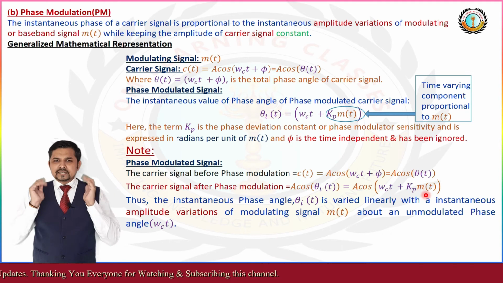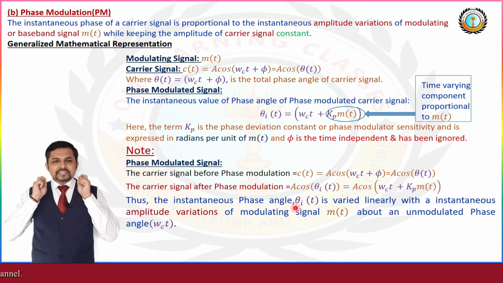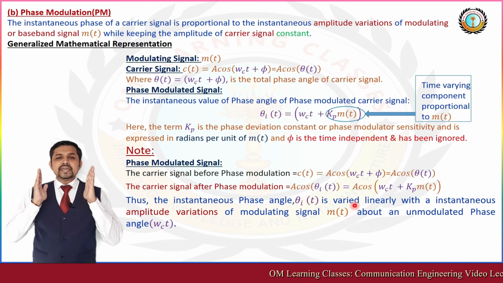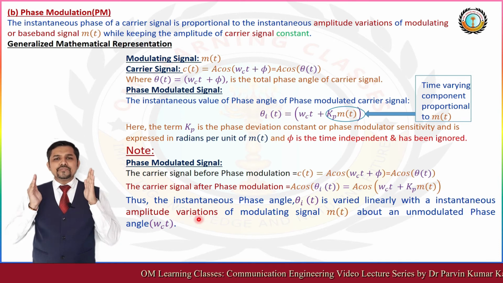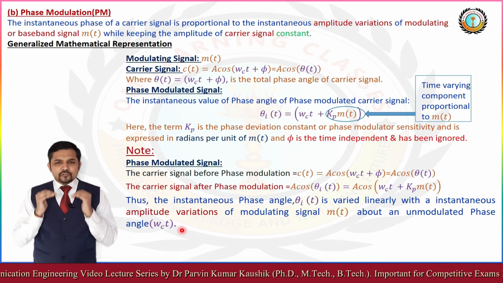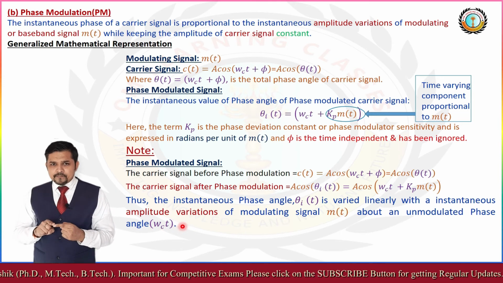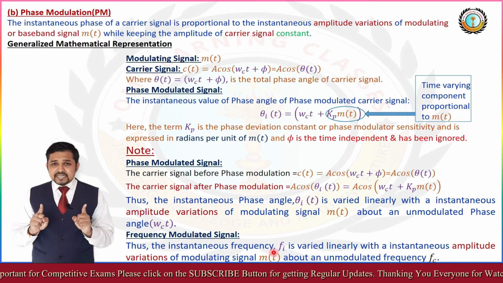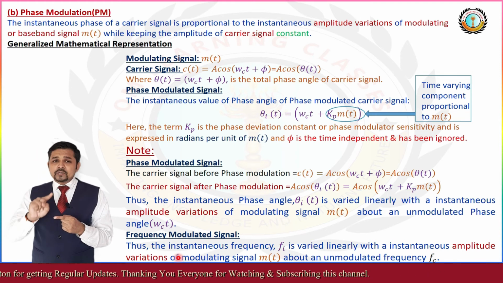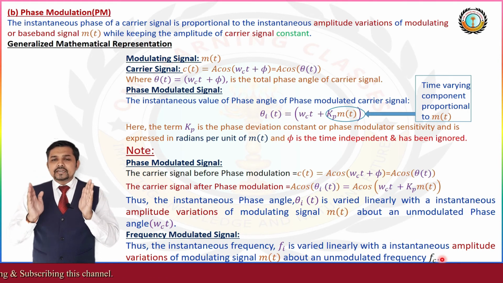So as per this representation, we can say that the phase angle, which is our theta_i(t), is varied linearly with the instantaneous amplitude variation of the modulating signal about an unmodulated phase angle omega_c t. This is very important. In FM, the instantaneous frequency corresponds to the instantaneous amplitude variation of the modulating signal about an unmodulated carrier frequency.